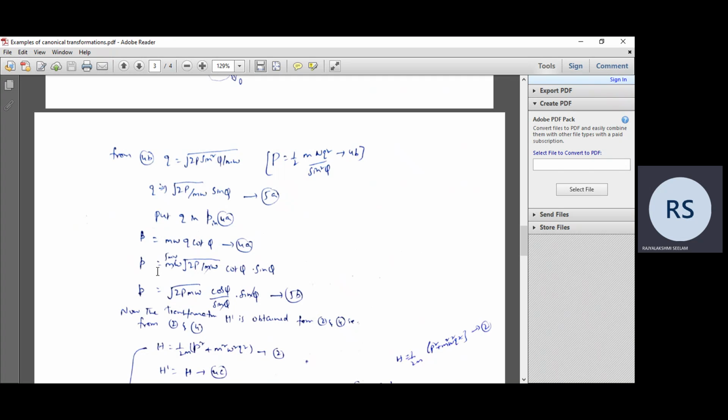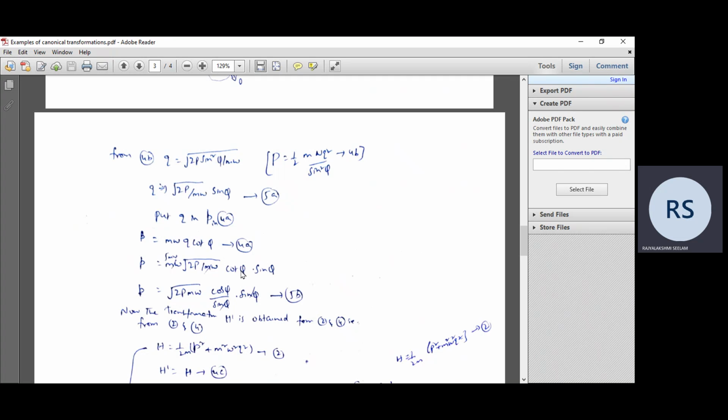So p equals m ω, and if we substitute q here, root of 2P by m ω into sine Q. Here, if we substitute and solve this, we will obtain root m ω; this m ω gets cancelled with root of m ω, and cot Q into sine Q.